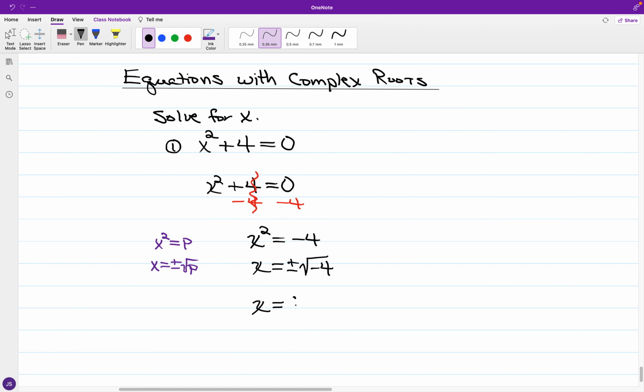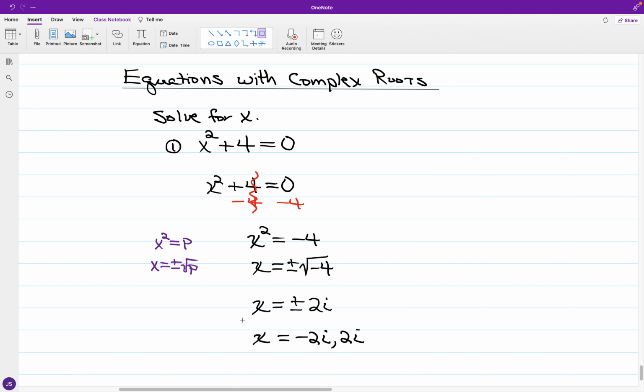Now the square root of 4 is 2, but the square root of negative 4 is not just 2, but 2i. So we come out to negative 2i as well as 2i.